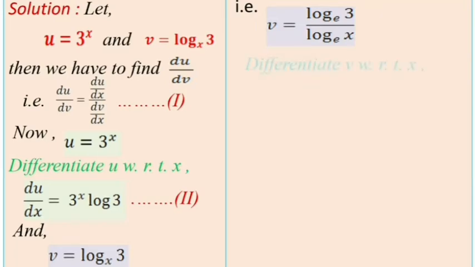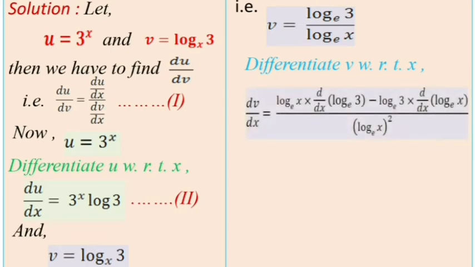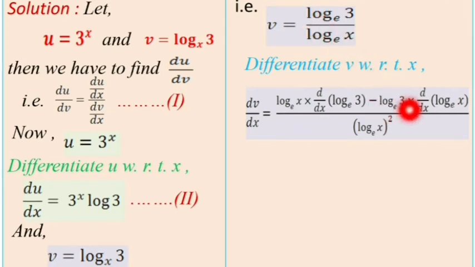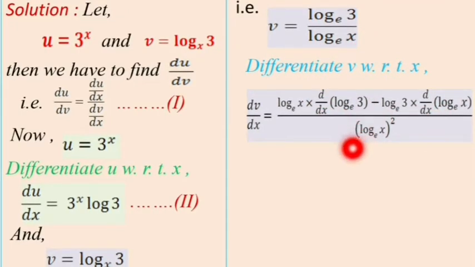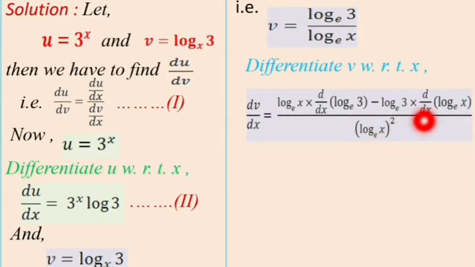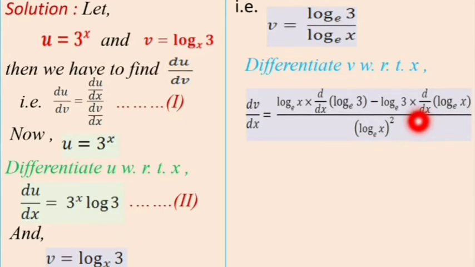Differentiating v with respect to x, we can get dv by dx equal to denominator log of x to the base e into derivative of numerator, that is log of 3 to the base e, minus numerator, that is log of 3 to the base e into d by dx of log of x to the base e, whole divided by denominator square, that is log of x to the base e bracket square. Only applying the quotient rule of the derivatives.